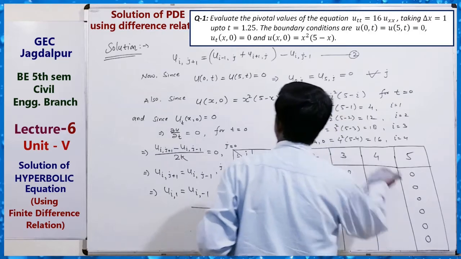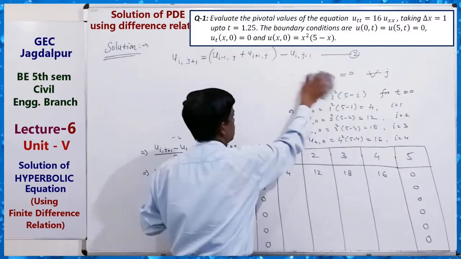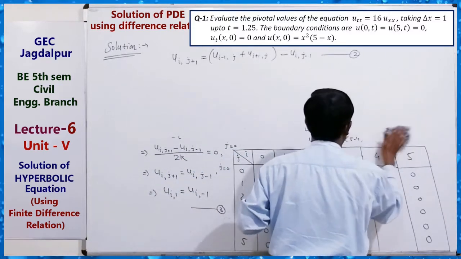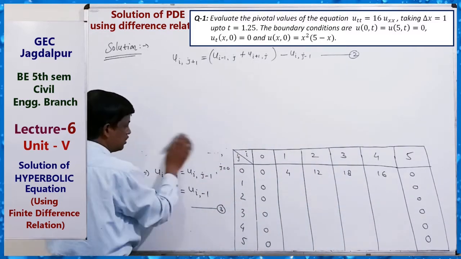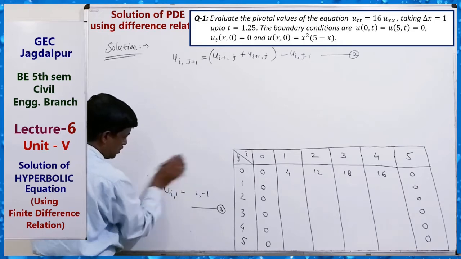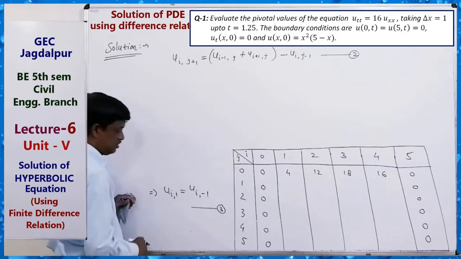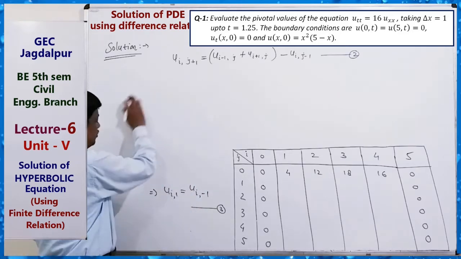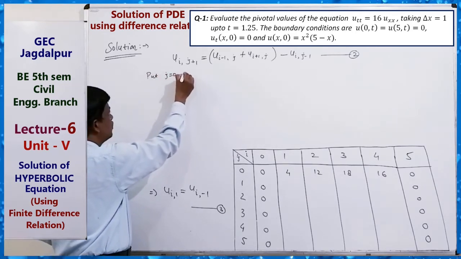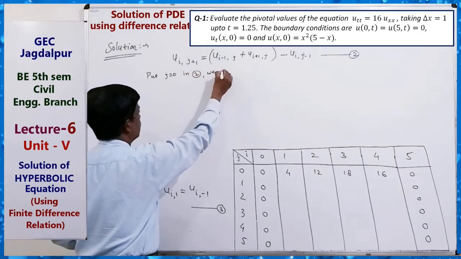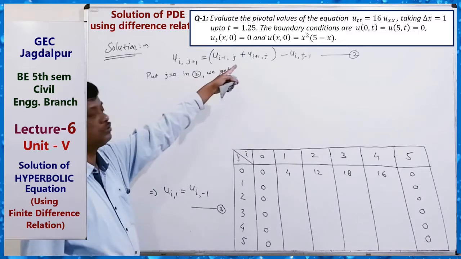Here u I 1 equals u I minus 1. This is equation third. Now here, put j equals 0 in equation 2.